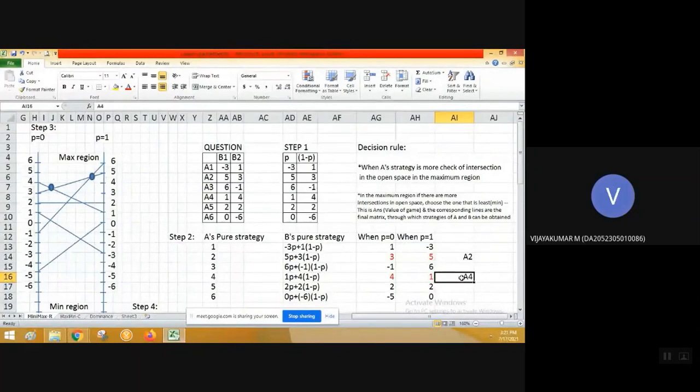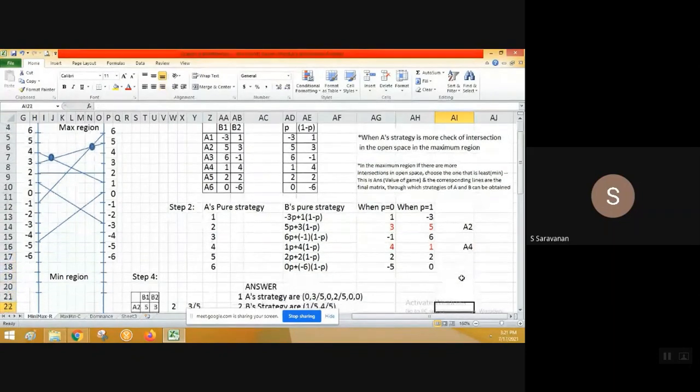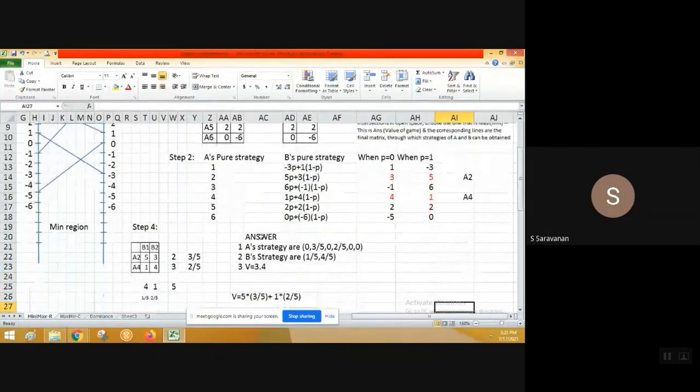Yes, sir. Okay, so now we have identified the strategies of A. A2 and A4 are the strategies that should be used. B already has only two strategies, B1 and B2, from the question. So A2 and A4, that is 3, 5, 4, 1.